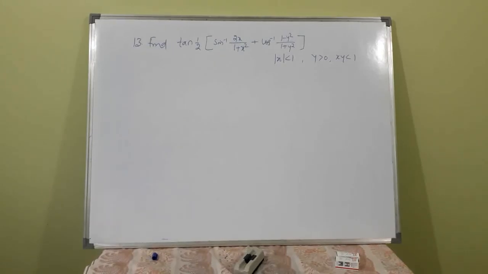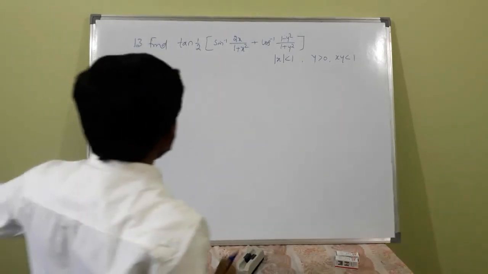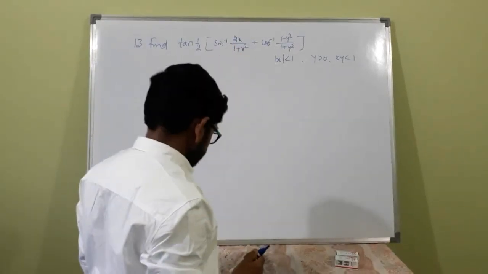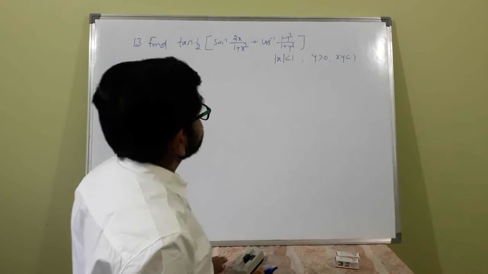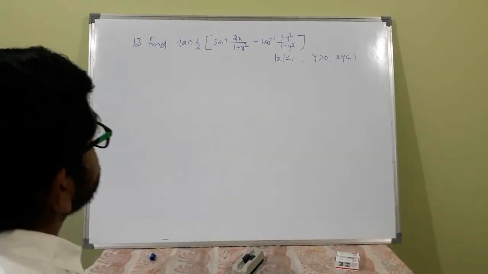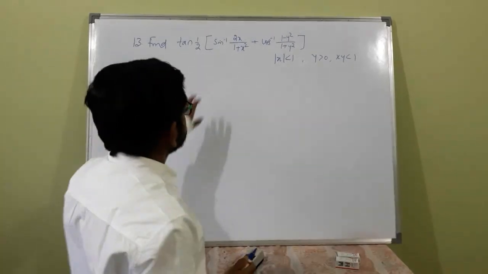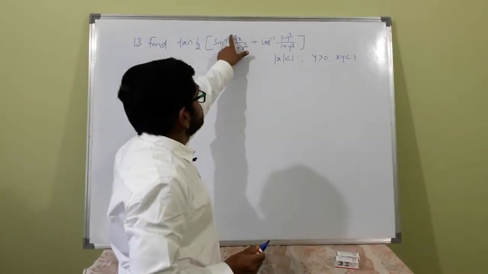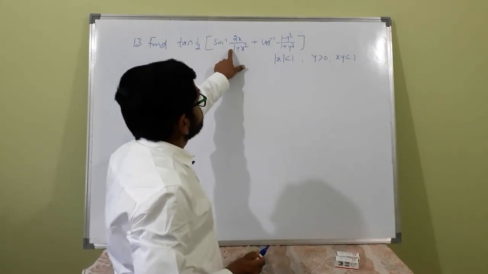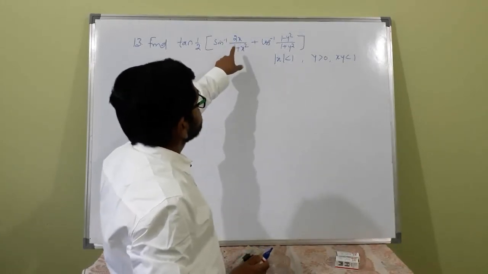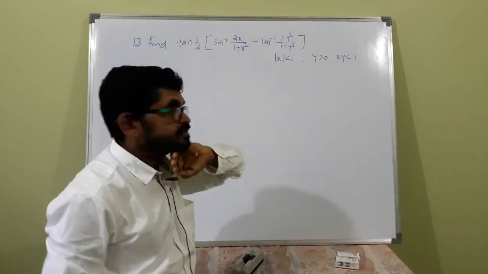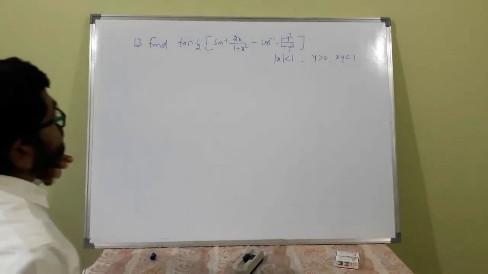Okay. Consider another one: tan half of sin inverse 2x by 1 plus x squared plus cos inverse of 1 minus y squared divided by 1 plus y squared. By seeing only, you can tell that this is sin inverse of, what is this, sin 2 theta, because sin 2 theta can be written as 2 tan theta divided by 1 plus tan square theta.